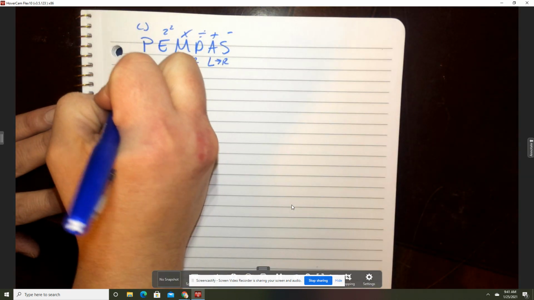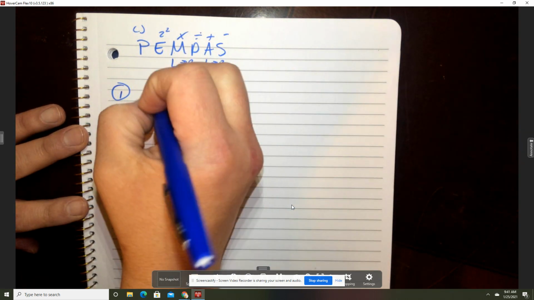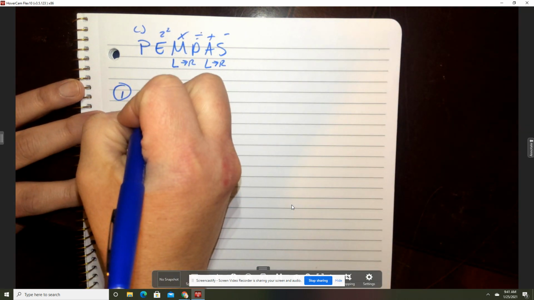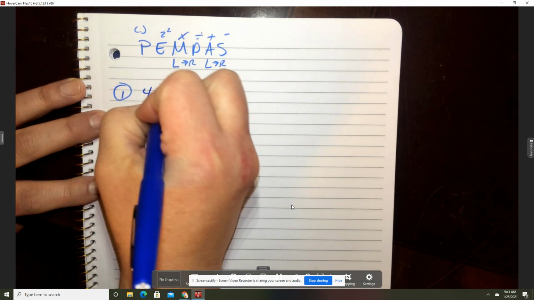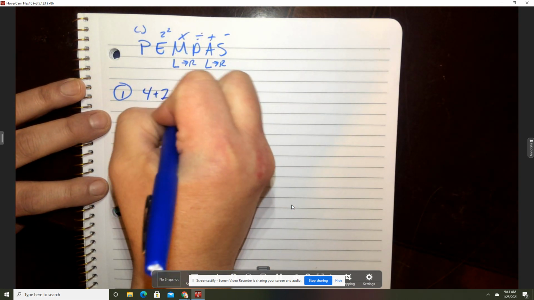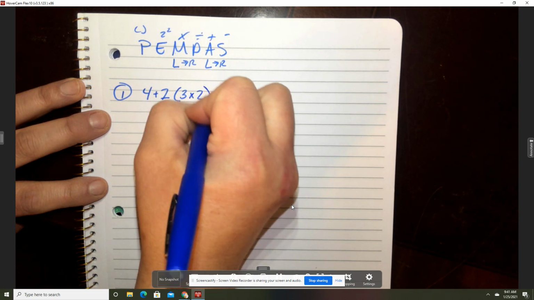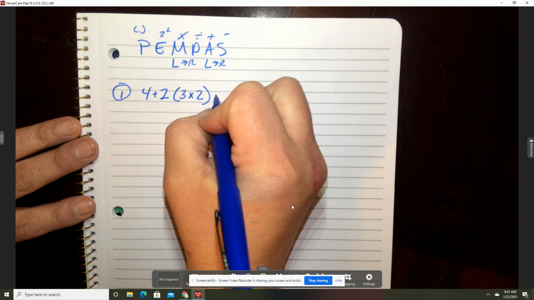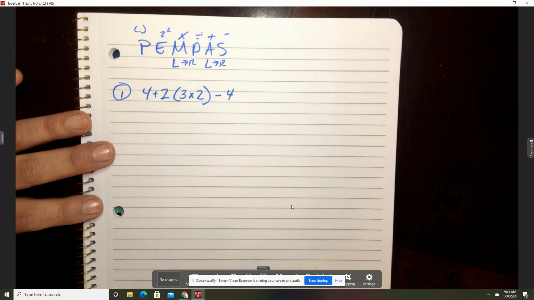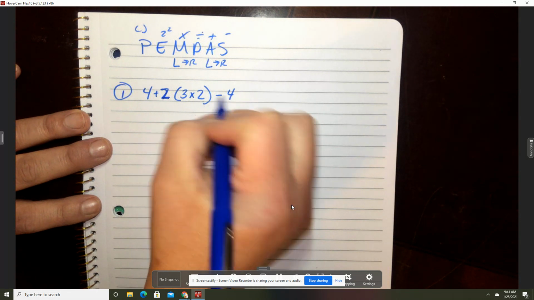Okay. So make sure that you have a piece of paper and you're working these out with me, not just watching. So let me just pull a random problem out of my head. 4 plus 2 with parentheses, 3 times 2, and minus 4.